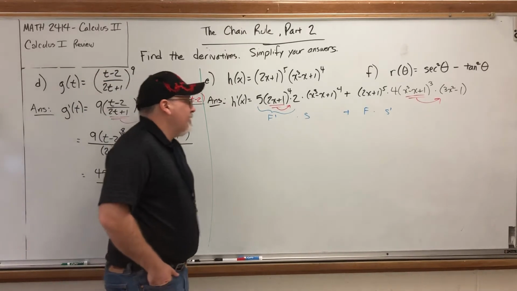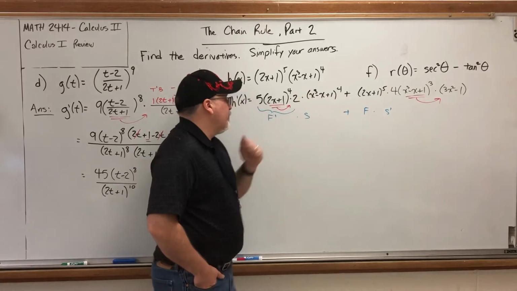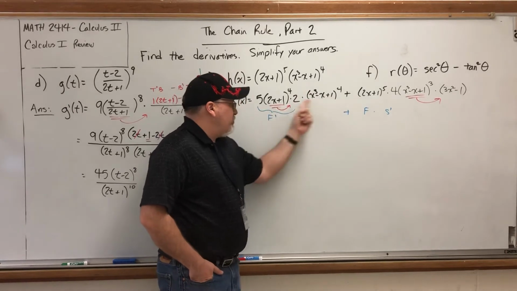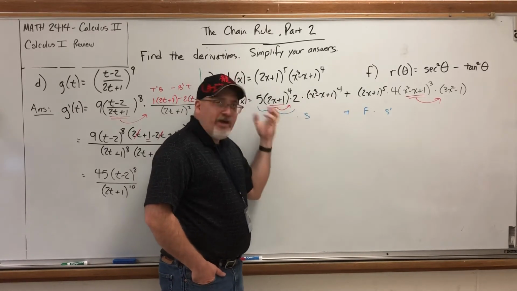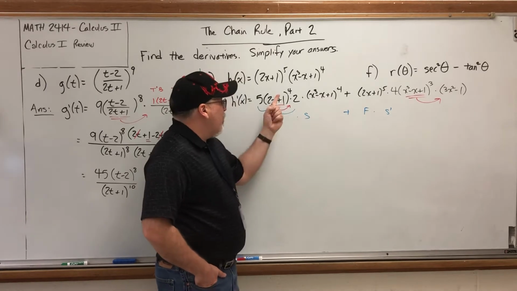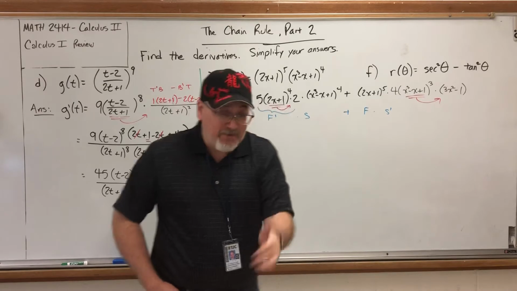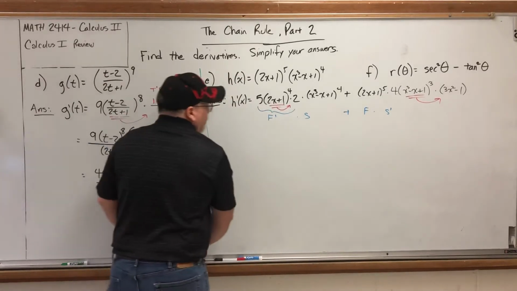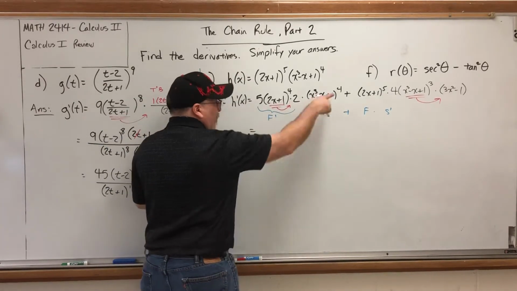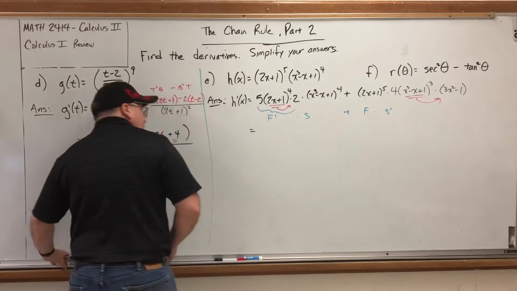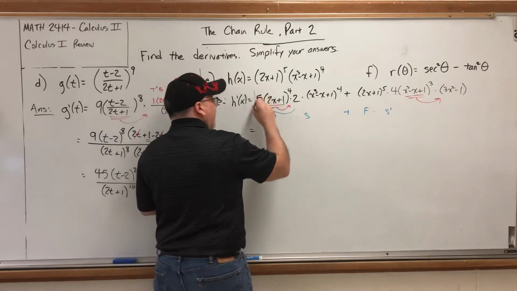Now, what do I mean by clean up each half of the addition problem? Well, since each half is just a big product, I would look for things that I could put together. If you're thinking, do I want you to write out all these parentheses and multiply them? Absolutely not. The first half of the addition problem is pretty easy to clean up. Let's put a green box around that since it's getting kind of congested up here.